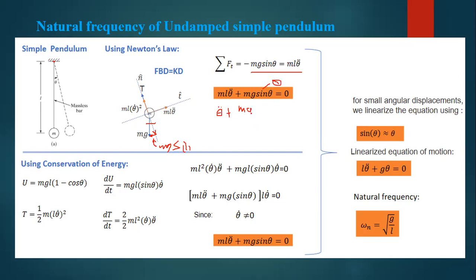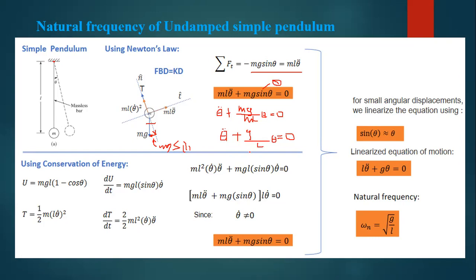So m cancels with m, and we are left with g over l. So theta double dot plus g over l times theta equals 0 is the equation.